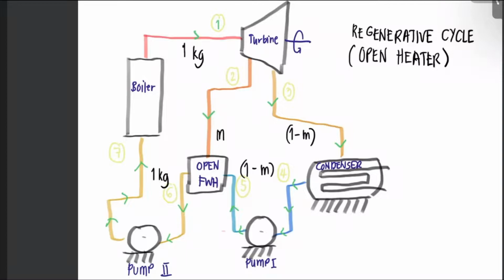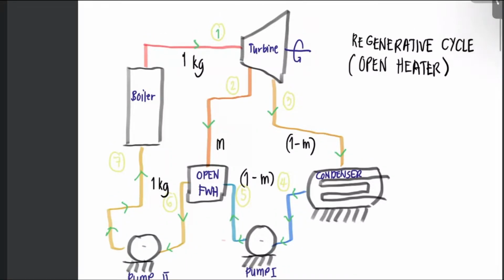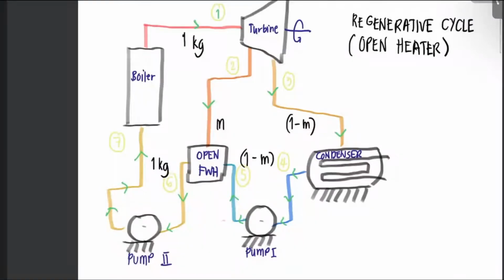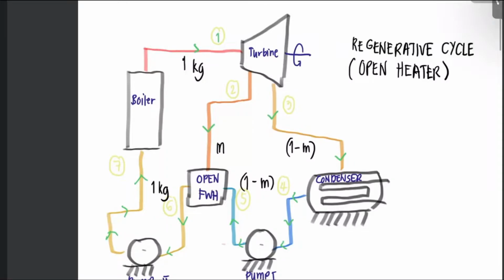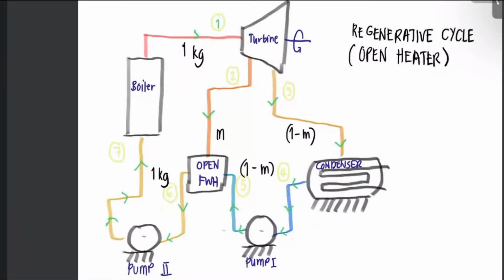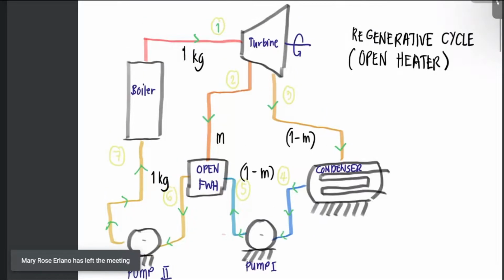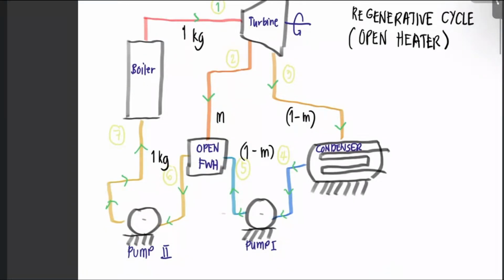So take note, the entering mass at turbine is 1, while the mass leaving the turbine that is going to open feed water is considered as letter M, or denoted as M, mass of steam, and the mass of the steam going to the condenser is considered as 1 minus M, or denoted as 1 minus M. After that, yung condenser natin is connected to a pump.